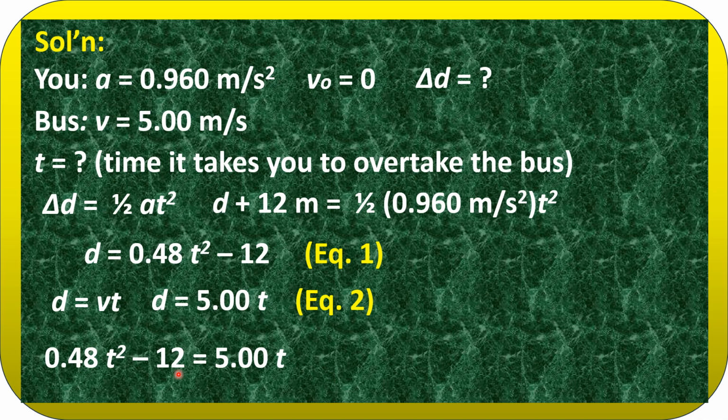And dividing all the terms by 0.48, we will get a quadratic equation, t squared minus 10.4t minus 25 equal to 0. So this will be our working equation for determining the variable time, small letter t.